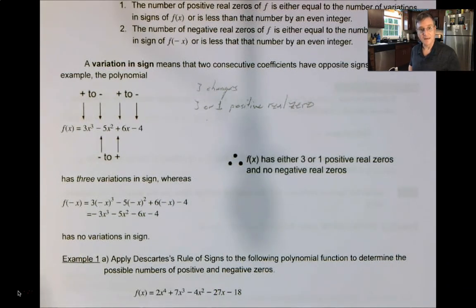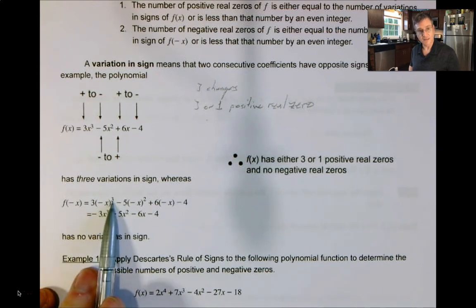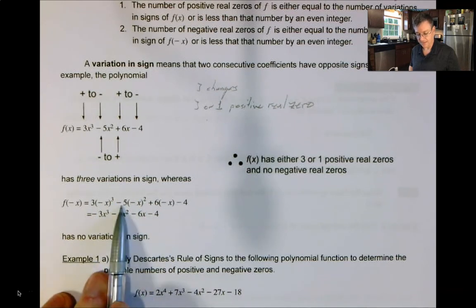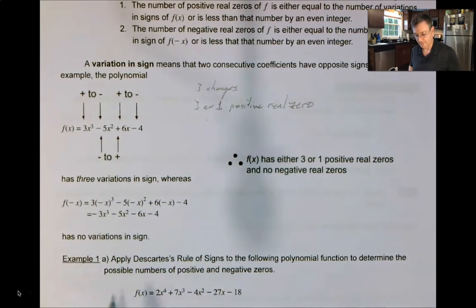To find how many negative real zeros there are, we're going to put in f of negative x. So you plug negative x into the x's in the original function, and that's going to change the signs on all the odd powers. Notice the even power becomes x again, and this stays negative 5x squared, which is what it was originally.